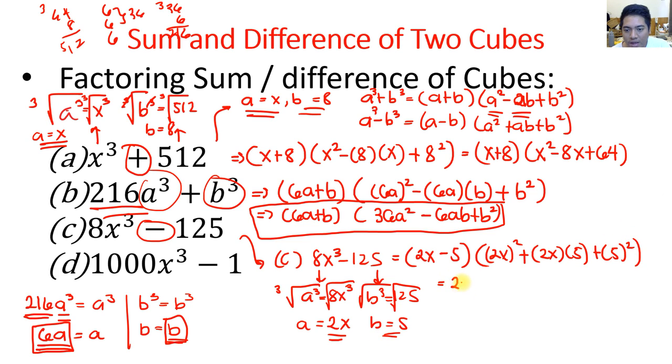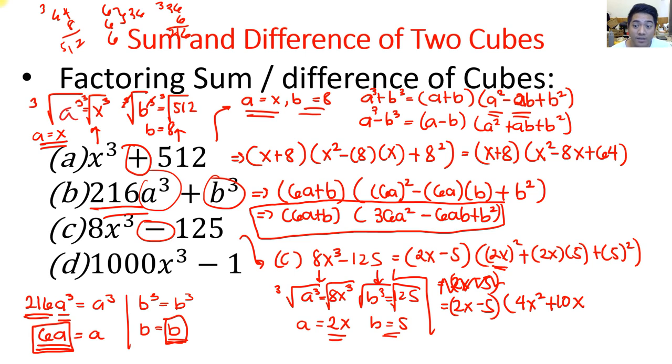Let me just rewrite: you have 2x minus 5 times 4x squared plus 10x plus 25. So 4x squared because of (2x) squared. This will be your factored form for the difference of the cubes.